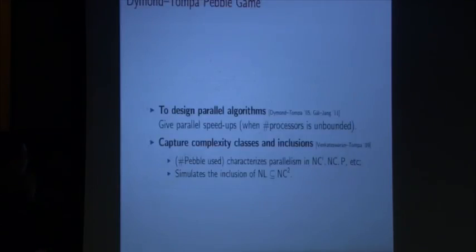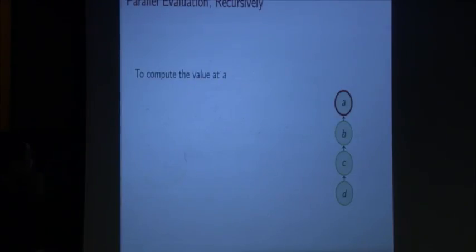Let me motivate the Pebble game. Imagine that you are trying to evaluate a circuit. We want to compute the value at gate A. This is a circuit where you forget the gate type, and it's a directed acyclic graph. To compute the value at gate A, we will do it by divide and conquer. We split the computation at a certain point. Let's say we pick C to split the computation, which means that in parallel, we will do the following.